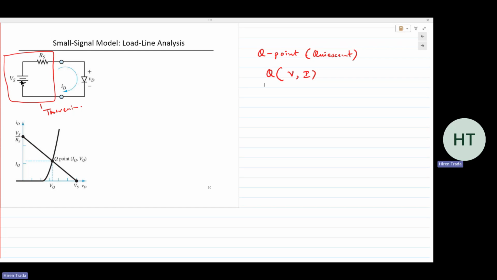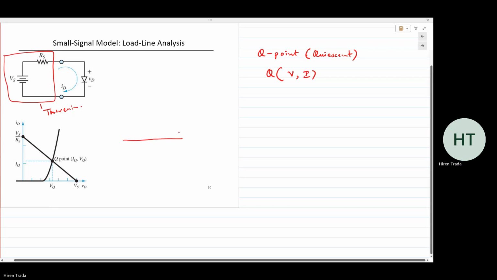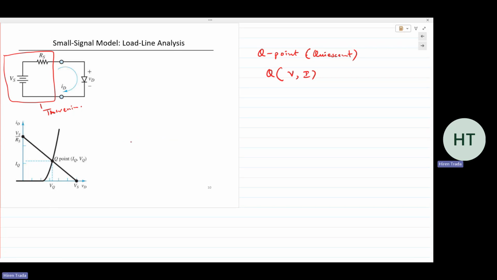Now, when we apply AC input on top of the DC biasing, obviously depending on the electronic device that you're using, the output would change. For a diode, say you have a diode characteristic like this, and it climbs and becomes kind of linear.